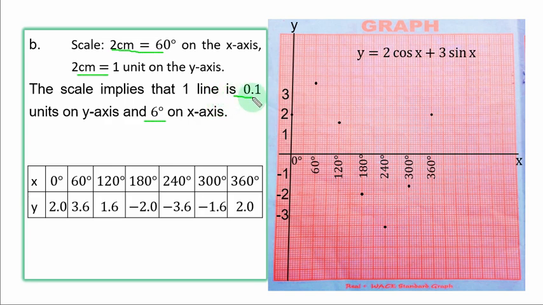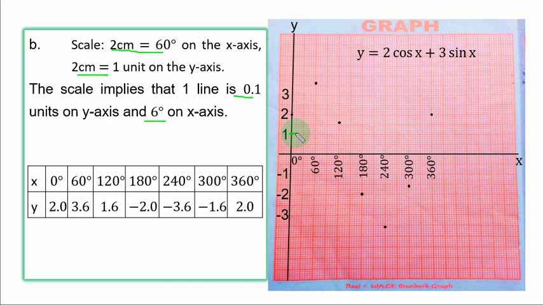Now you have the two axes here, x and y. On the y-axis, 2 cm is 1 unit. Now this graph you have here, each box or square contains 5 lines, which is 1 cm. So if you combine 2 of it, you give it 1.